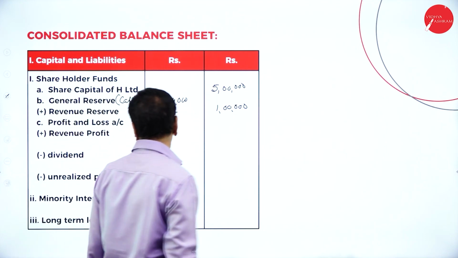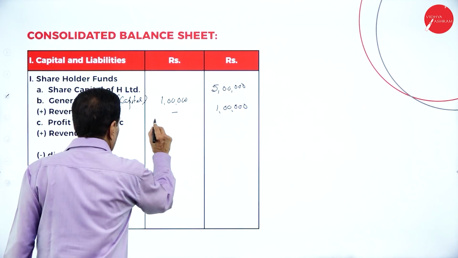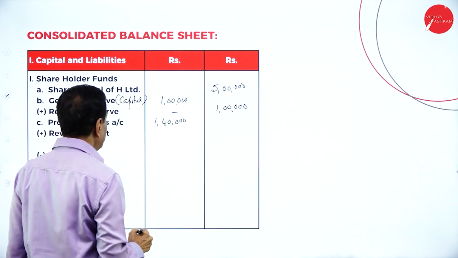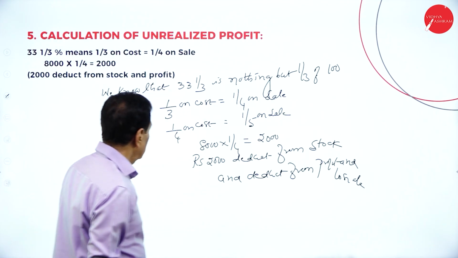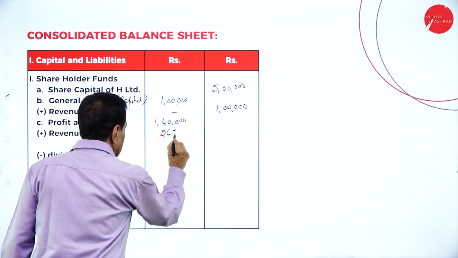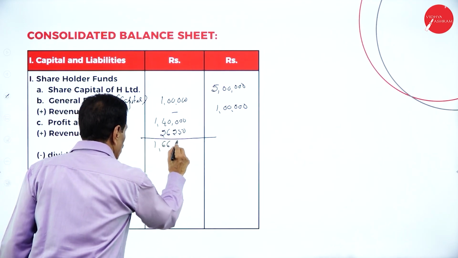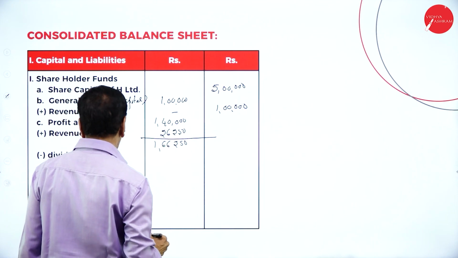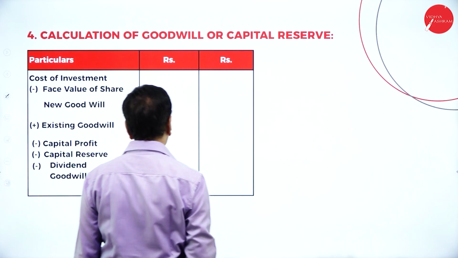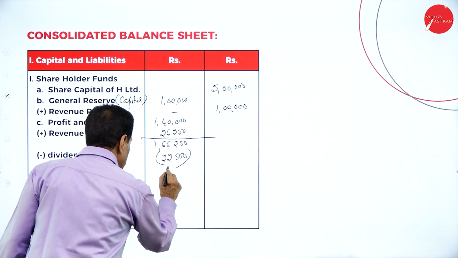Then, profit and loss account. See what's the profit and loss account in the balance sheet? 1,40,000 plus revenue profit. See the working note. What's the revenue profit? 26,250. It makes 1,66,250, minus dividend. You already calculated. Dividend is 22,500, minus unrealized profit 2,000.